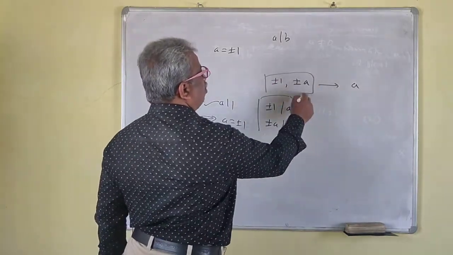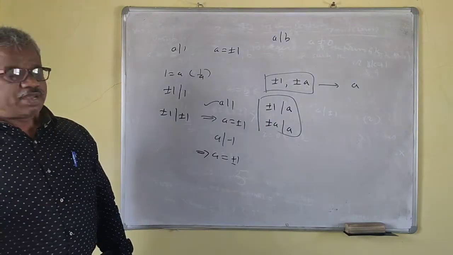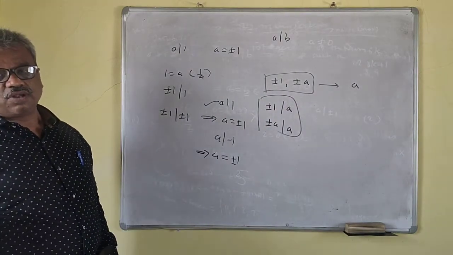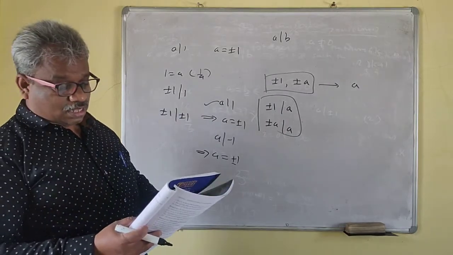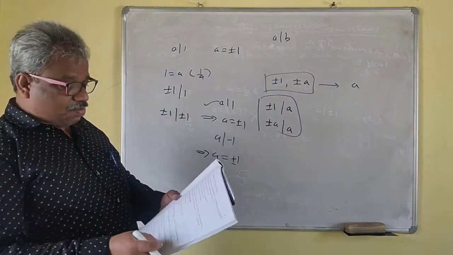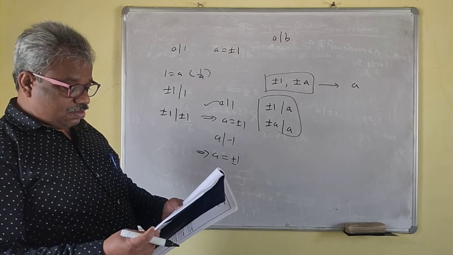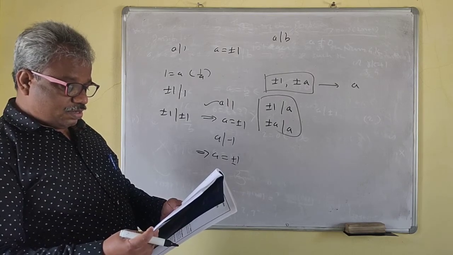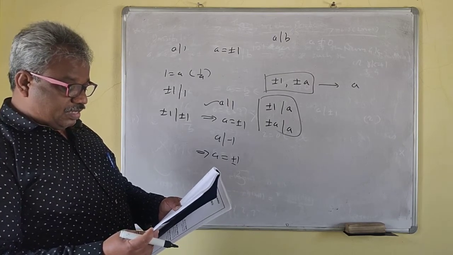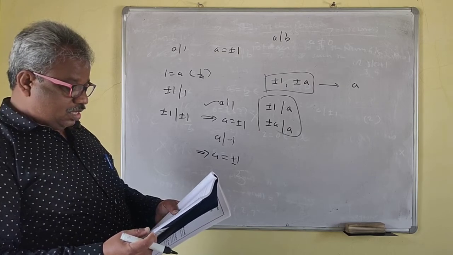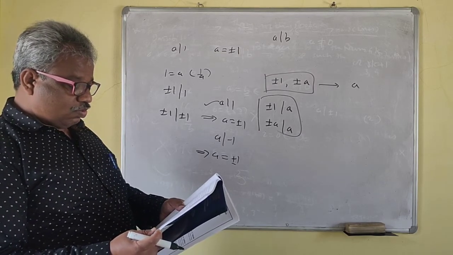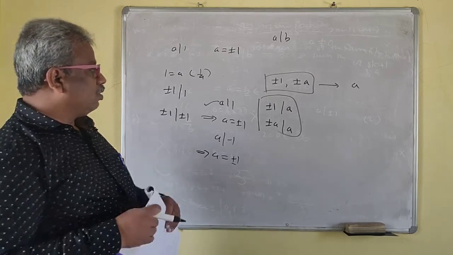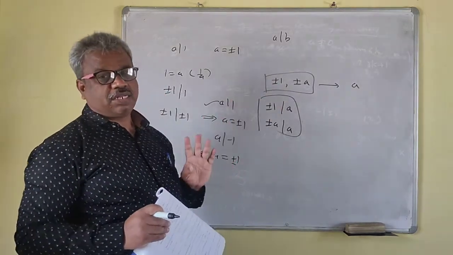So plus or minus 1 and plus or minus a are always divisors of a, and they are called improper divisors of a.